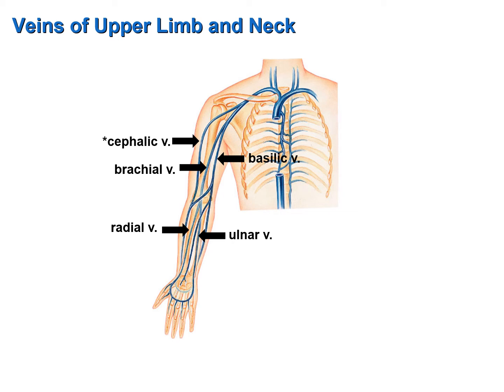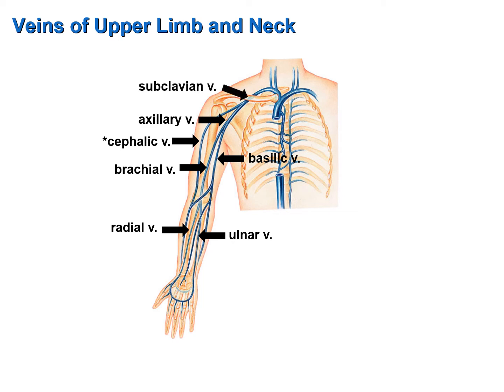The cephalic vein, cephalic means toward the head. So this is like sending blood toward the head. So that's one way you can remember it. The basilic vein and the brachial vein merge to form the axillary vein. That axillary vein and the cephalic vein merge to form the subclavian vein.